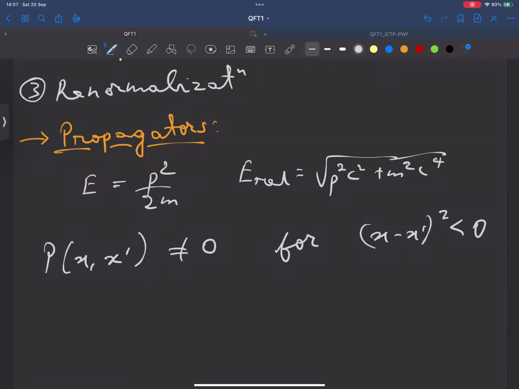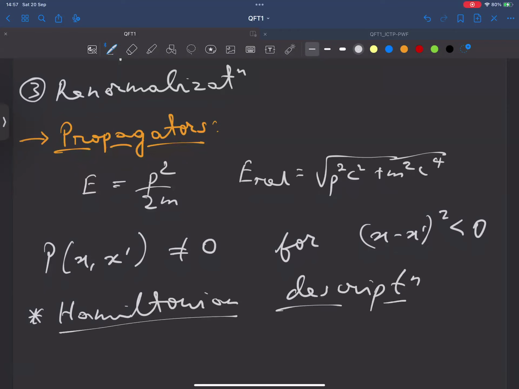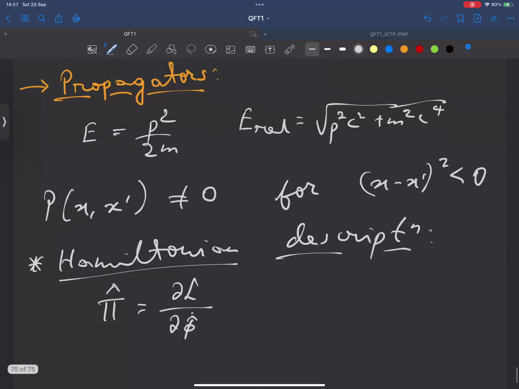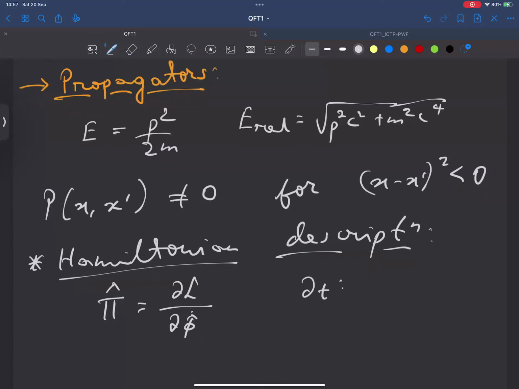And while doing that, we will also restore causality for another reason. Remember that we talked about the Hamiltonian description when we quantized our theory. The Hamiltonian description involved defining the canonical momenta, which for the real scalar field was just phi dot, and this led to us picking a time coordinate.